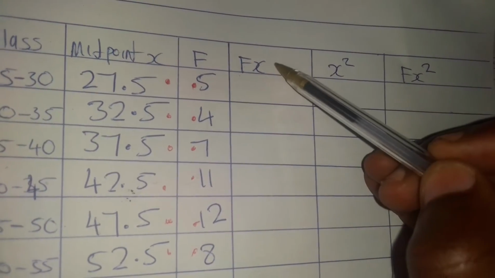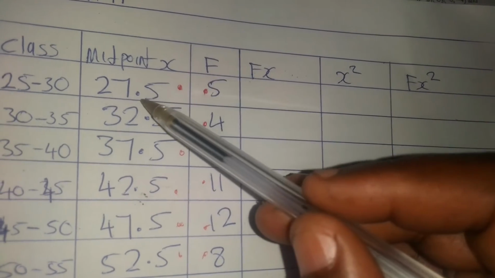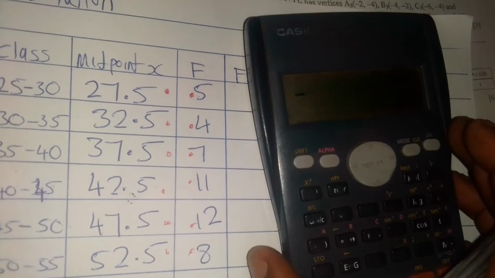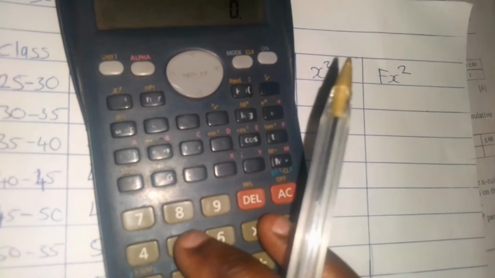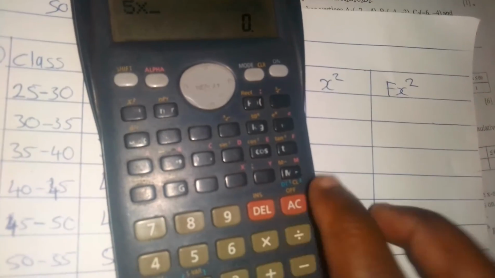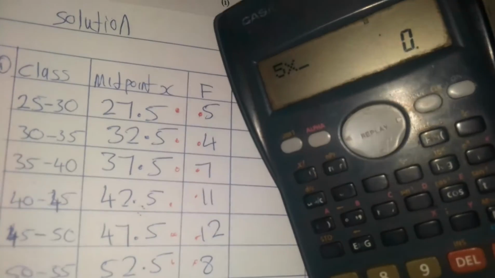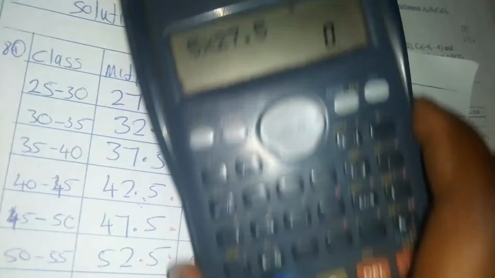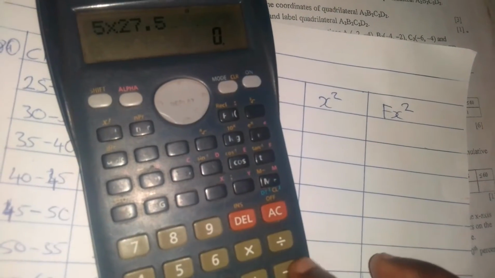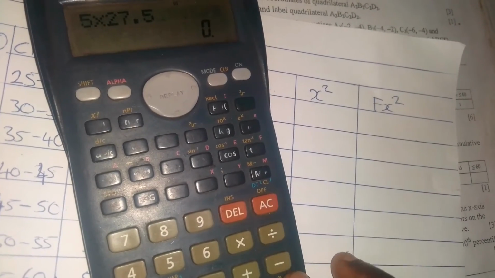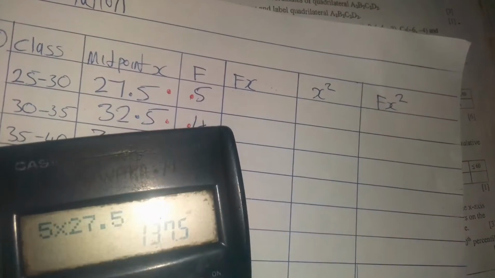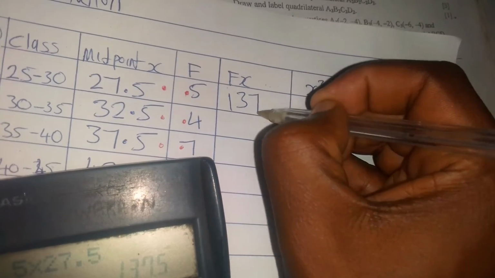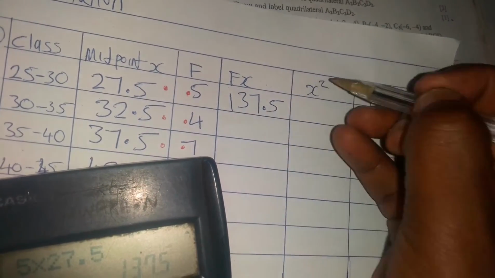So fx means get f multiplied with x. So what is my f? My f starts with 5 times my x, which is 27.5. You see that? Then I say equals, that is 137.5.